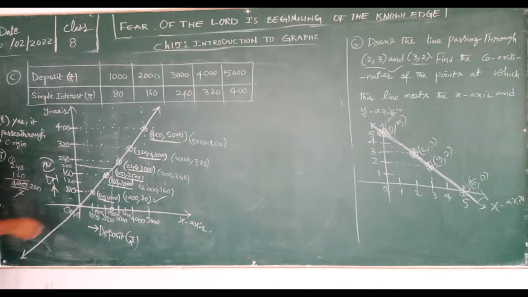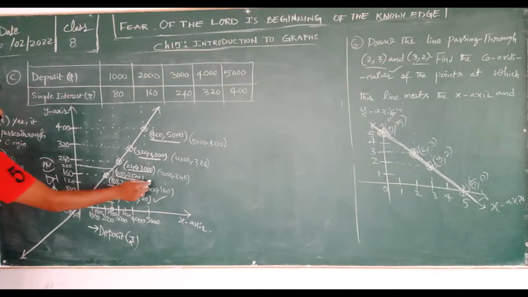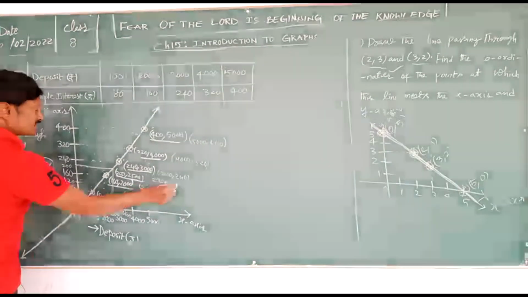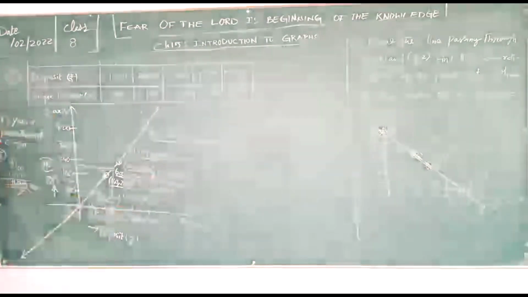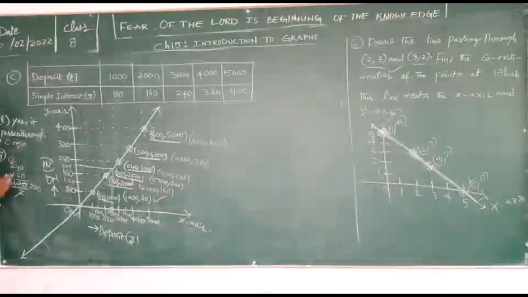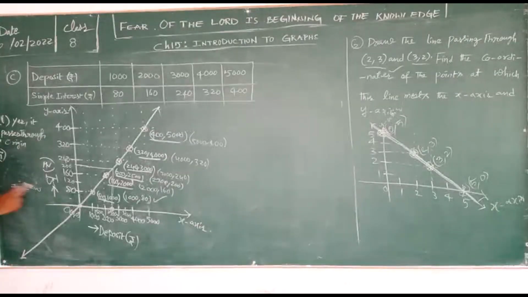And at last, what is now your answer? At 2,500, what is your simple interest? You found here 200. So for 2,500, simple interest is 200. So now I'll write the second answer. Let me rub this part here.